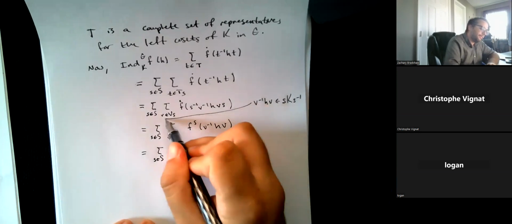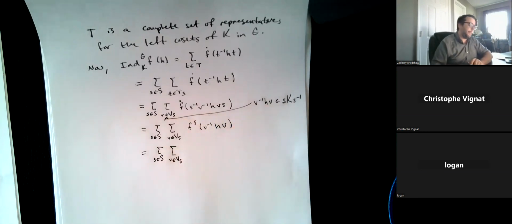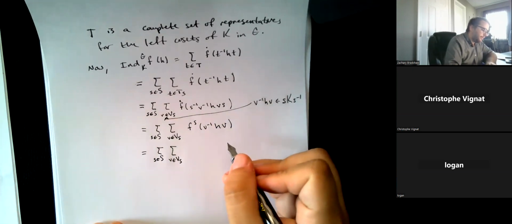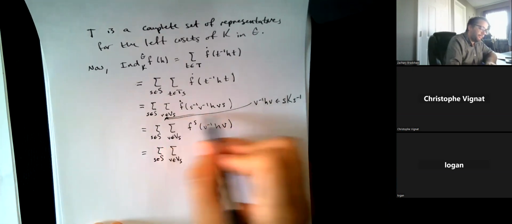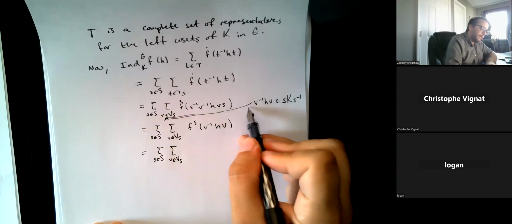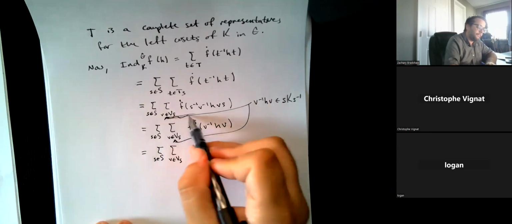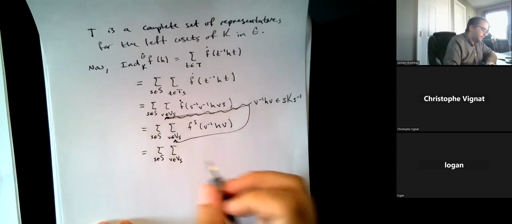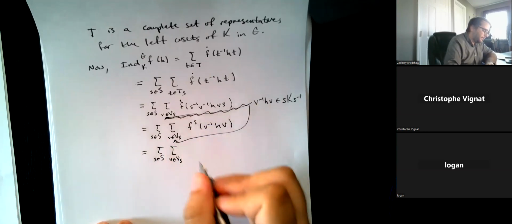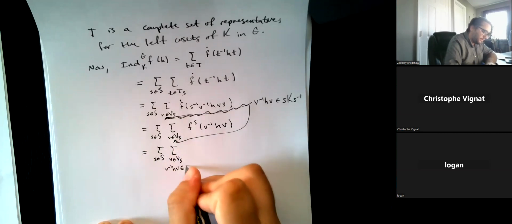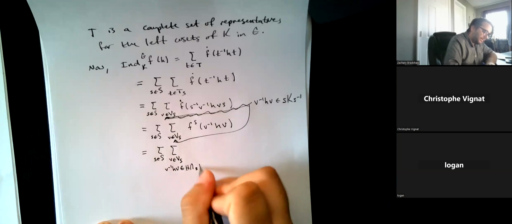This is something that belongs down here, not there, sorry, but over here. This is a condition of the sum. Wrong place. And this is the same as this sum.